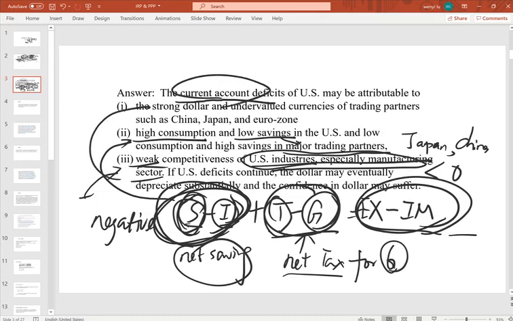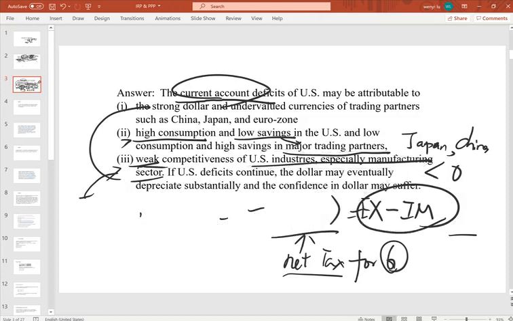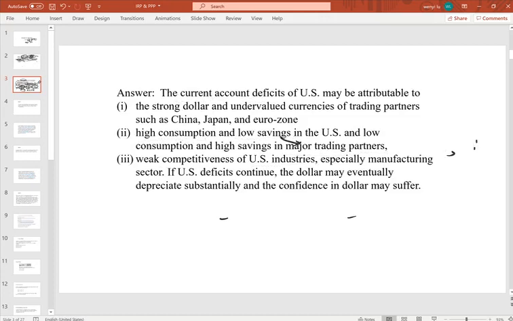If the deficit continues to happen to the U.S. for different years, what will eventually happen? If we continue to incur deficits, we must pay the foreign countries with dollars. So the supply of dollars will be more than the demand for dollars, so the dollar will depreciate.